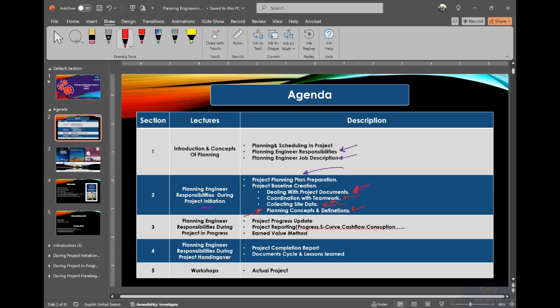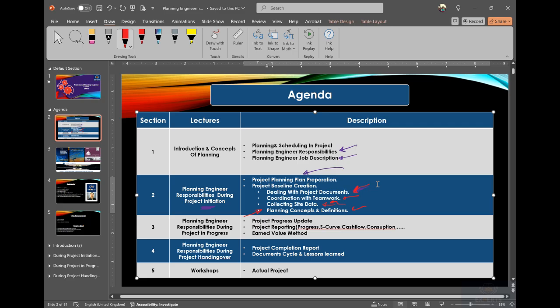We'll get the knowledge of the dates: early start, early finish, late dates, and so on; we'll go through the basics. This chapter especially will give you full information and many concepts that are very important for any planner.